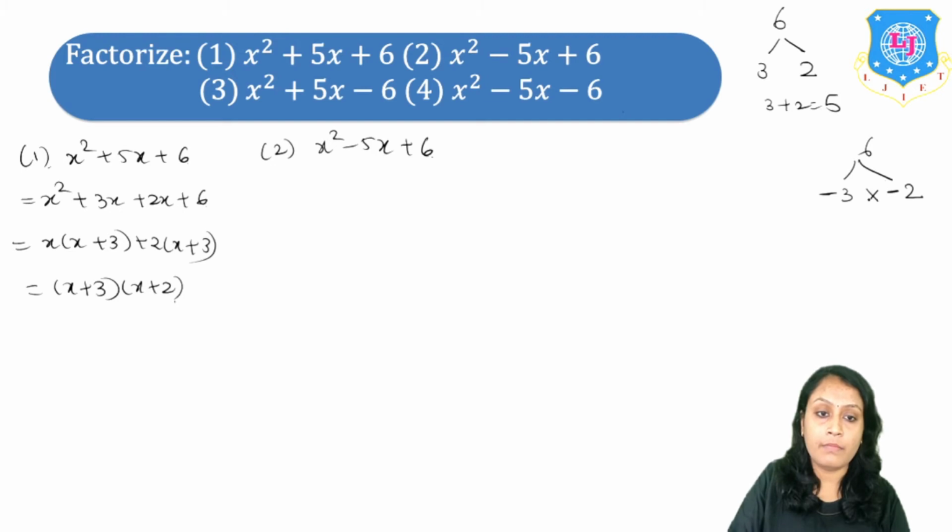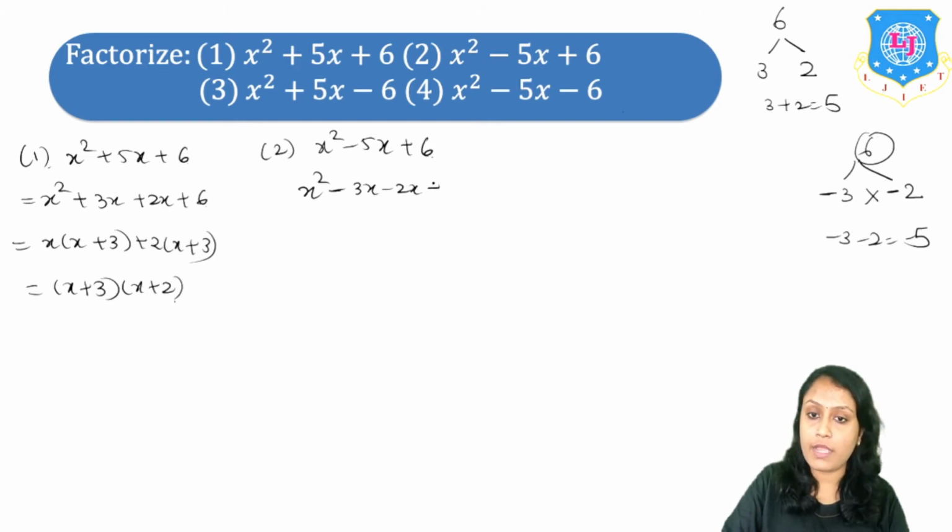Because the multiplication of these two terms needs to be plus 6, and if we add minus 3 and minus 2, it will give you minus 5. Right? So it will be x square minus 3x minus 2x plus 6. Again, take out x common, so x minus 3, and take out minus 2 common, so x minus 3.